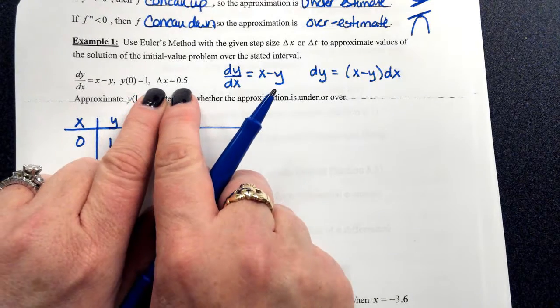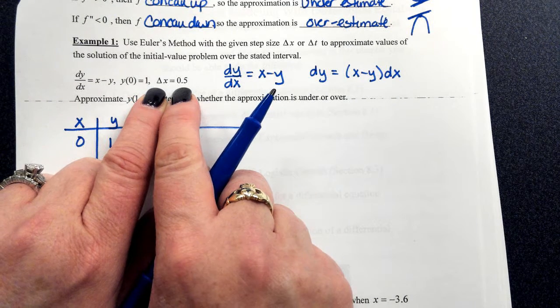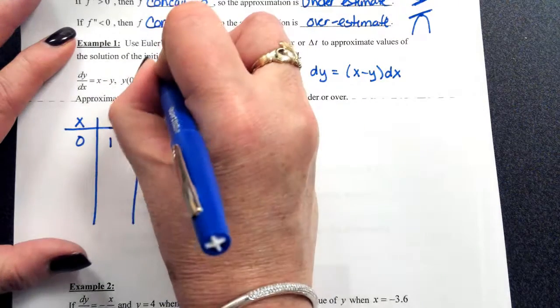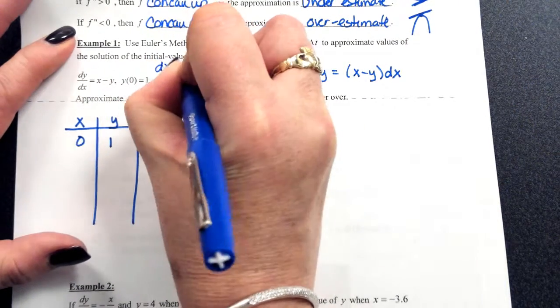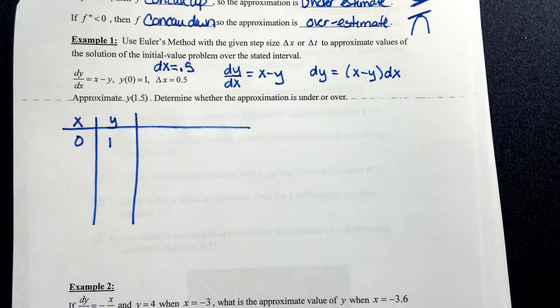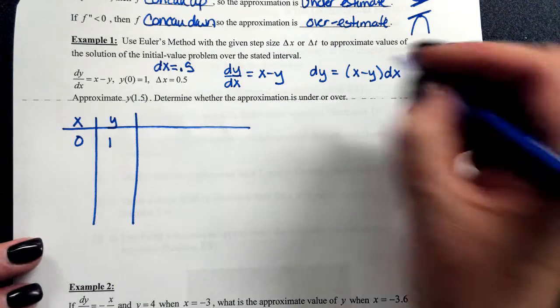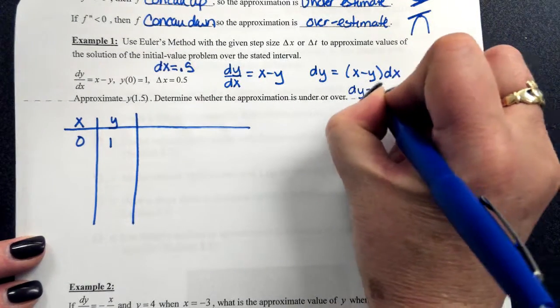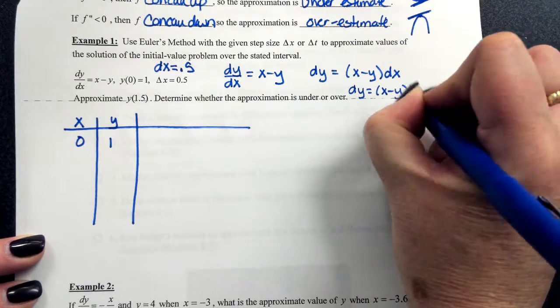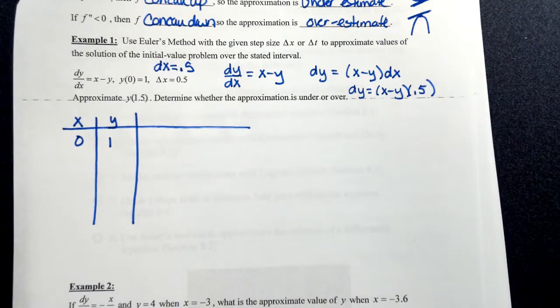They're telling you what the change in x is. The change in x is 0.5, so that is your dx. So dx is equal to 0.5. Then my change in y is going to be x minus y times 0.5.